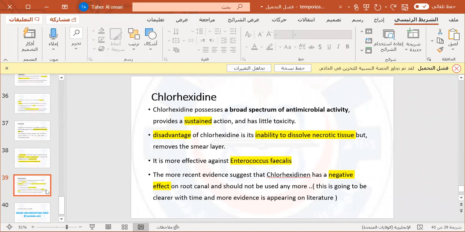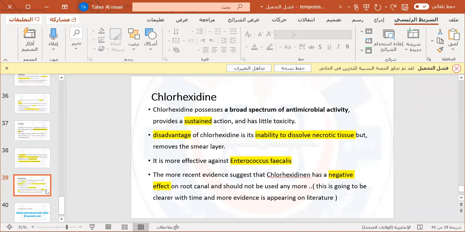That precipitate is usually a kind of toxic material, and it will also prevent the sodium hypochlorite from doing its action.